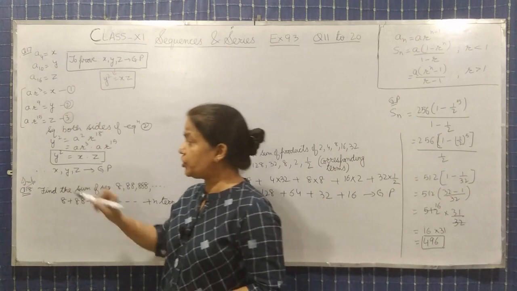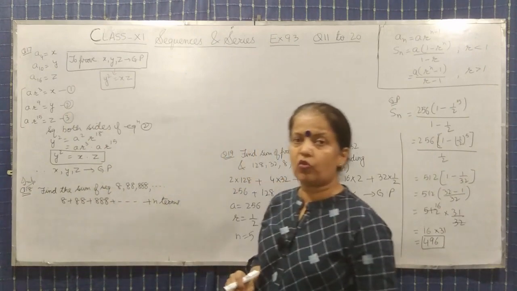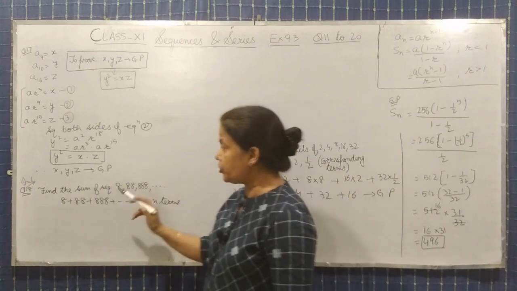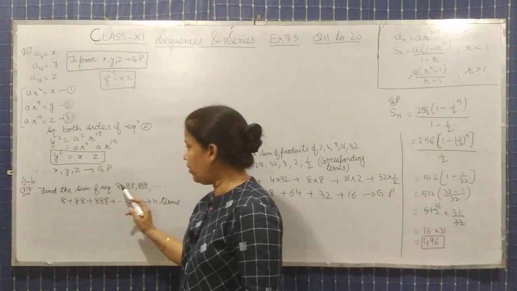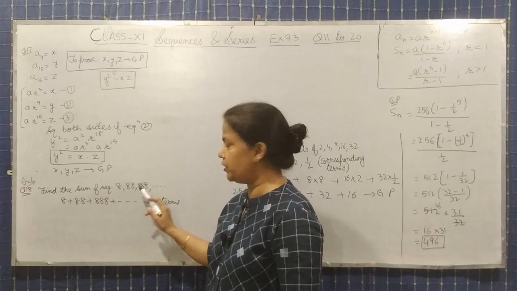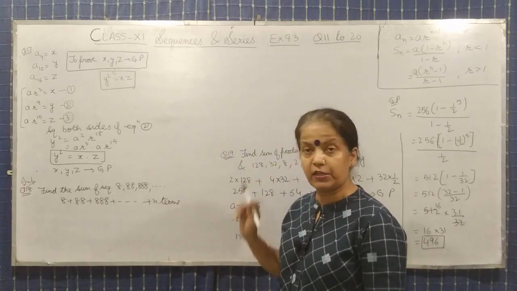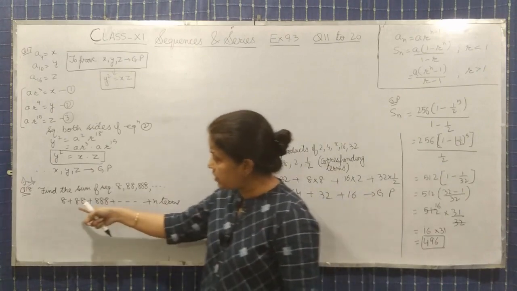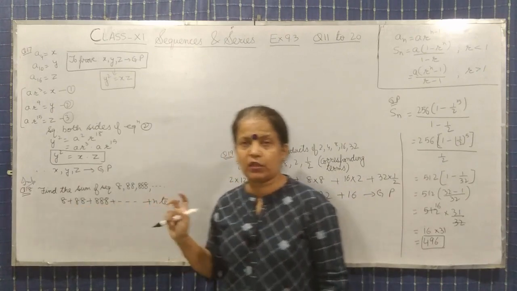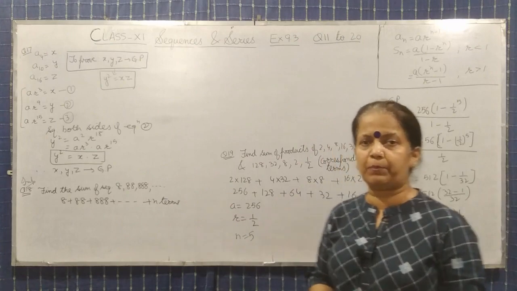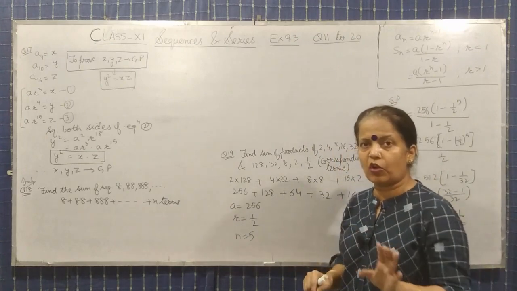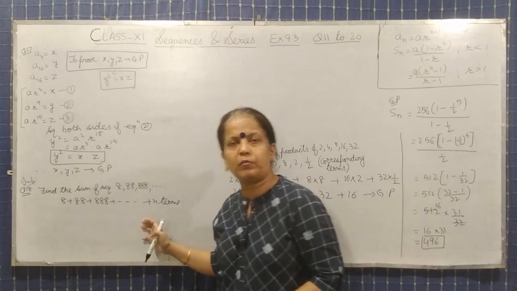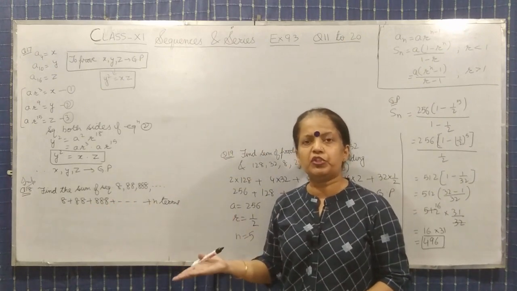Okay. Question 18. Question 18 is a very important question. Find the sum of the sequence 8, 88, 888 and so on up to n terms. If you observe this sequence, we don't know whether it is an AP or GP because it is not mentioned over here, and it does not form an AP or GP.